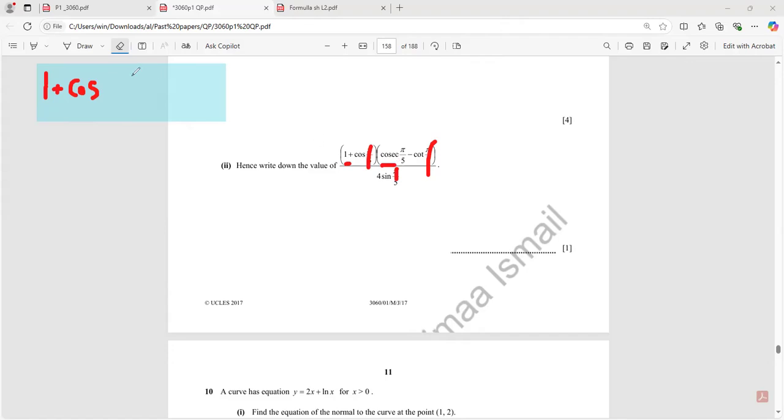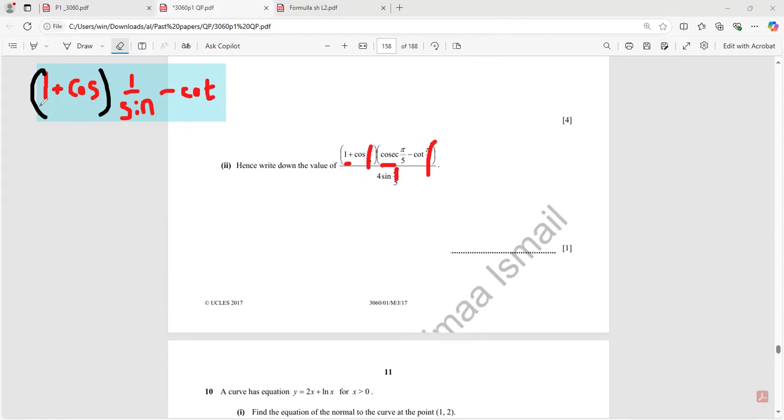Cosecant is the flip, 1 over sine. Is it right? The same as the previous question. Okay, cot, keep it cot as it is. Okay, minus cot. And now we're going to multiply normal brackets, okay? I'm going to say this is the first bracket.